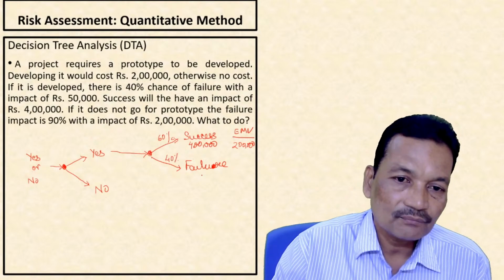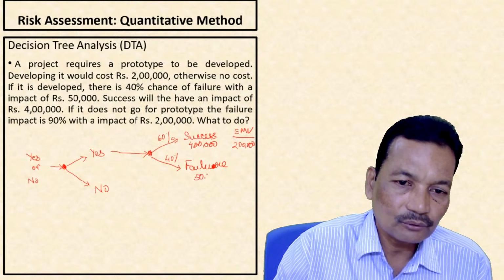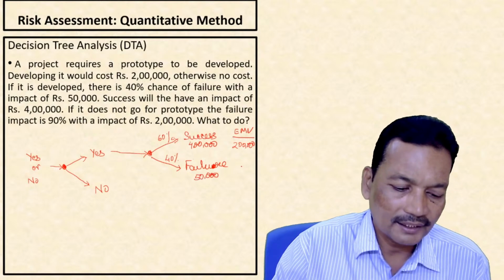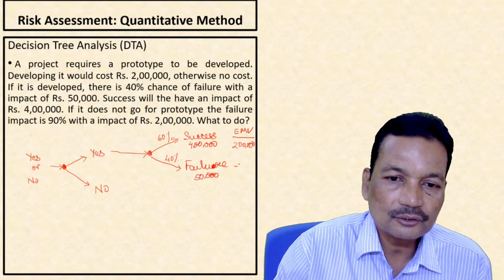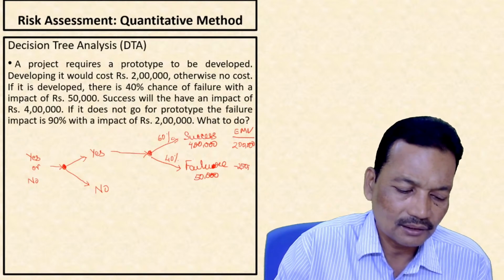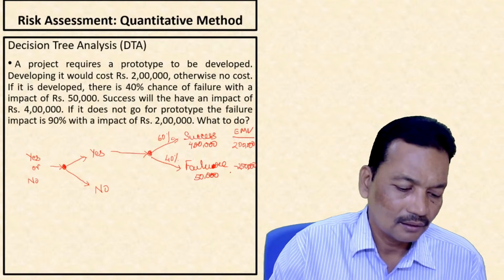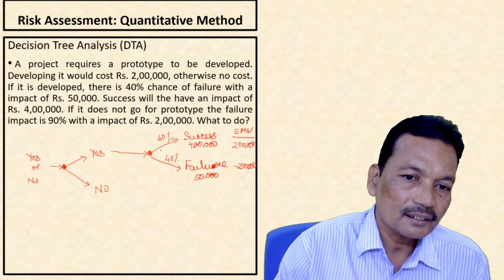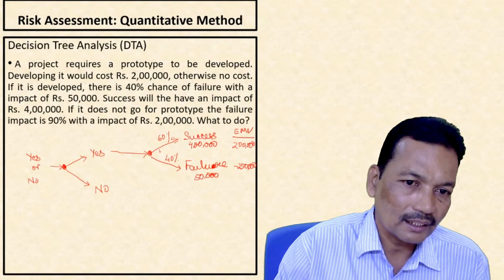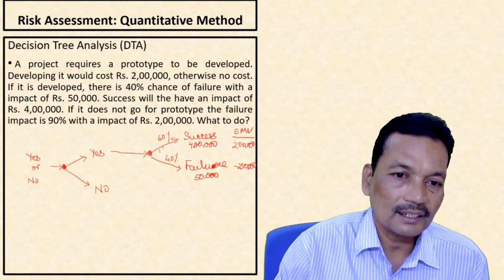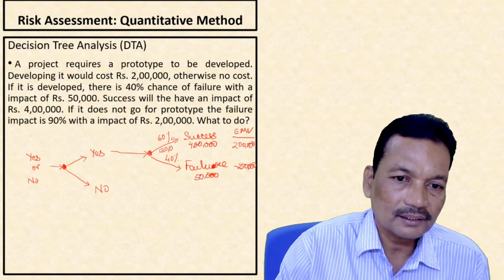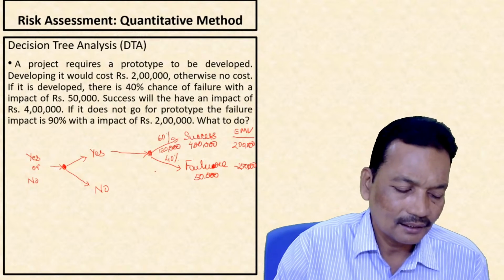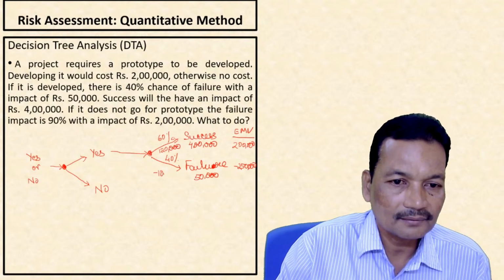Here, if I fail, 50,000 will be lost. The EMV becomes minus 2 lakh 50,000. Ultimately, the monetary value here I am getting is 1 lakh 20,000, and here it is 1 lakh.